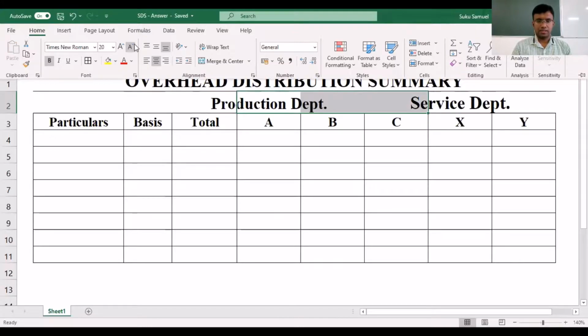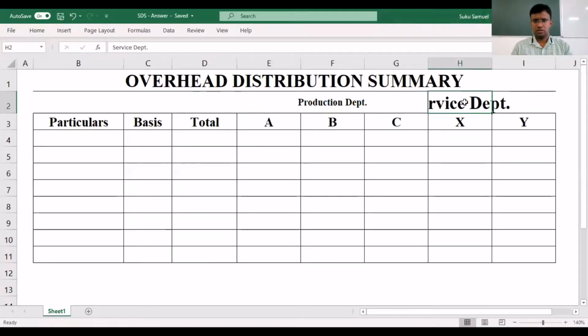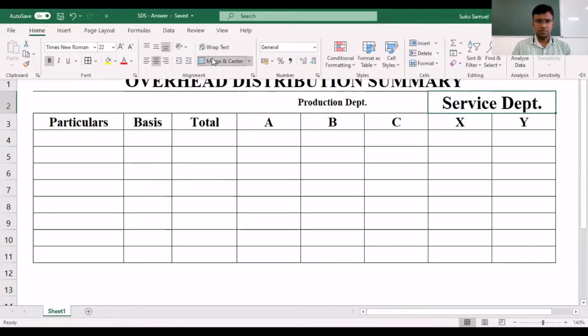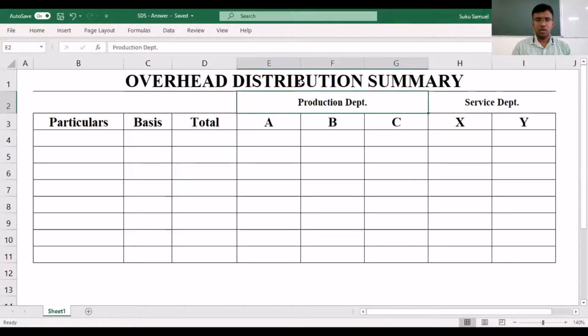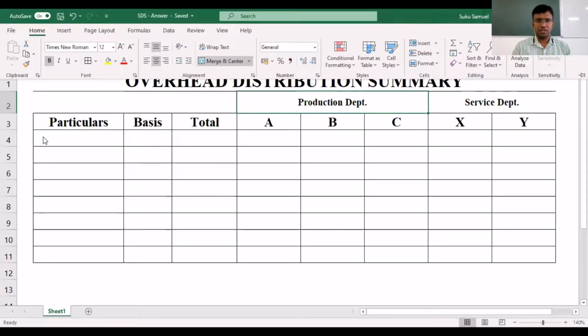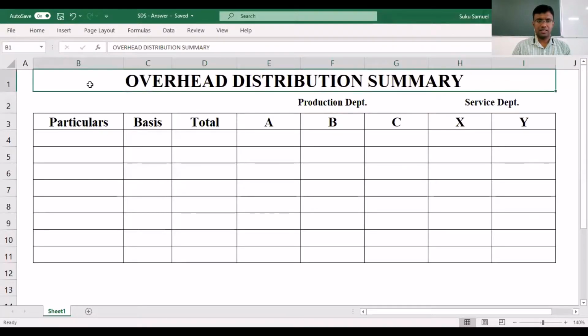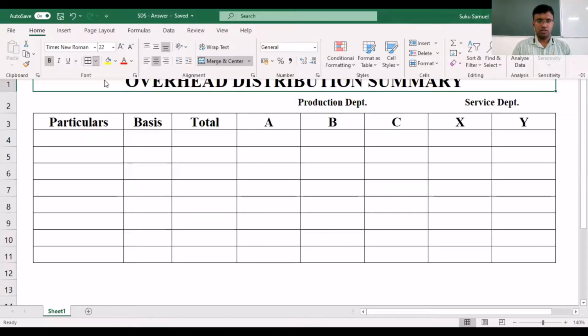So let us start off with solving this numerical. These are your production departments and these are your service departments. And then let us prepare the overhead distribution summary.